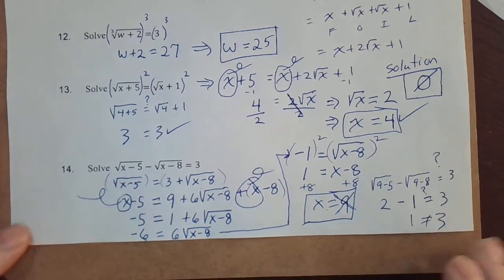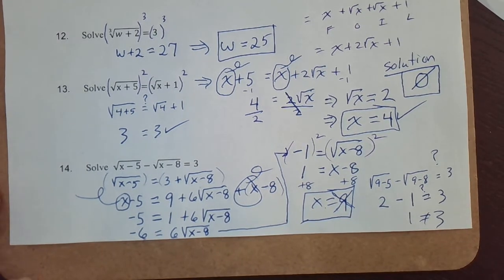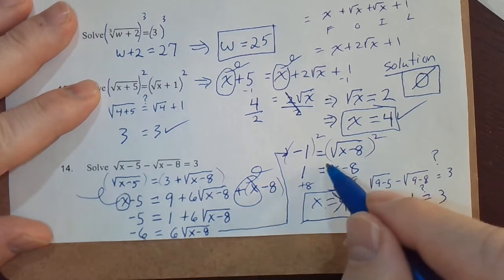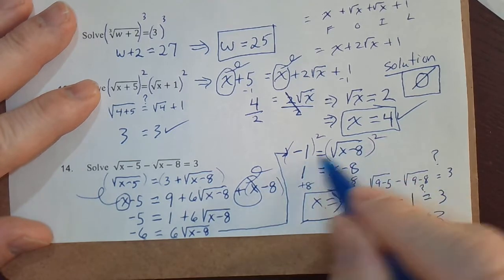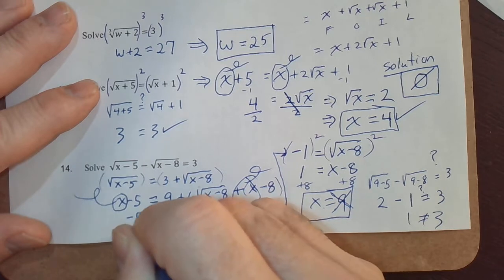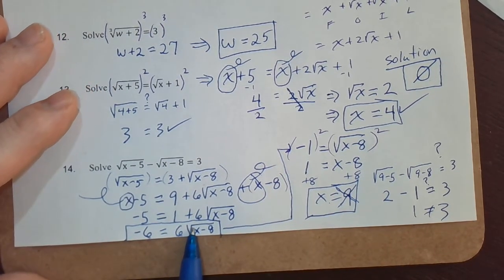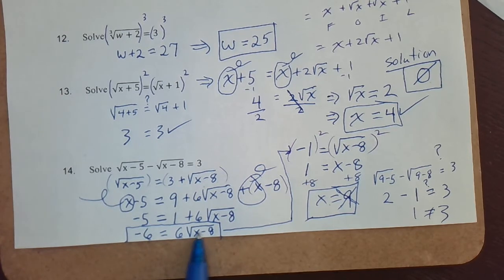Now, just one final comment. I'm not surprised at all that there was no solution because, when I think right back here, I could have detected it here before we squared both sides, and I could have detected it here as well. Remember what a radical means? It means the positive square root, the principal square root.